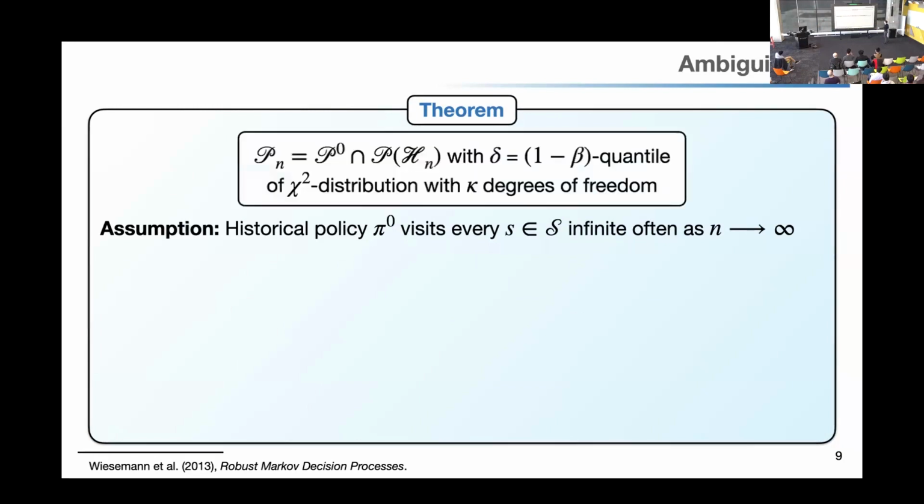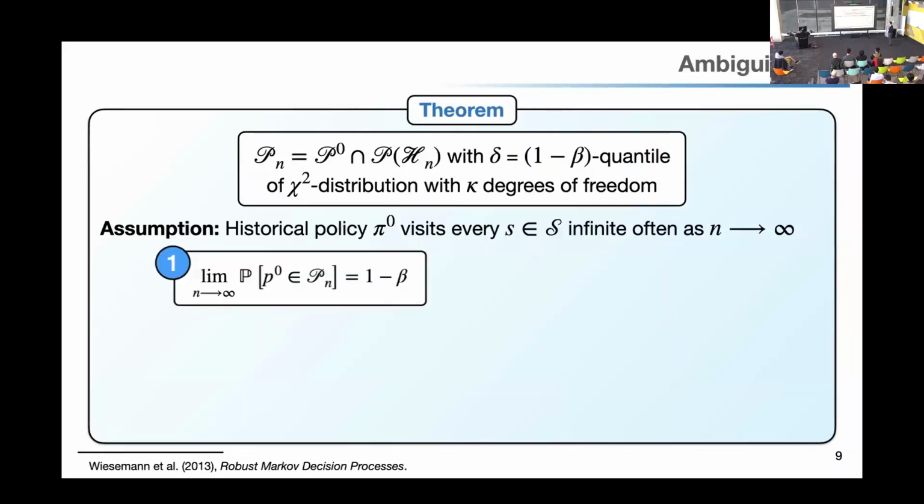Under this assumption, I propose to choose this constant delta from the previous slide as the 1 minus beta quantile of a chi-square distribution with a number kappa of degrees of freedom that we can characterize. And with this choice, one can show that the unknown true transition kernel will lie in our ambiguity set with probability exactly 1 minus beta as the length of the observation history goes large.